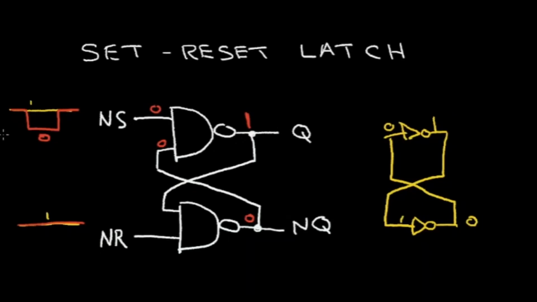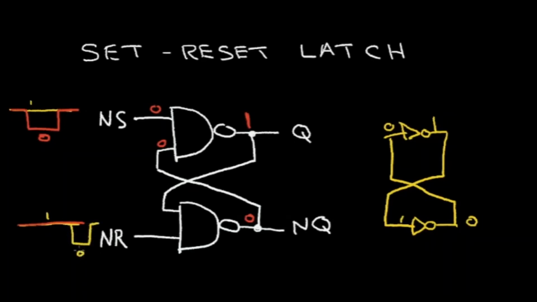Now, let's say that I've set Q to a logic 1. I've dropped not set to a logic 0. Now at a later time, I want to drop not reset to a 0.